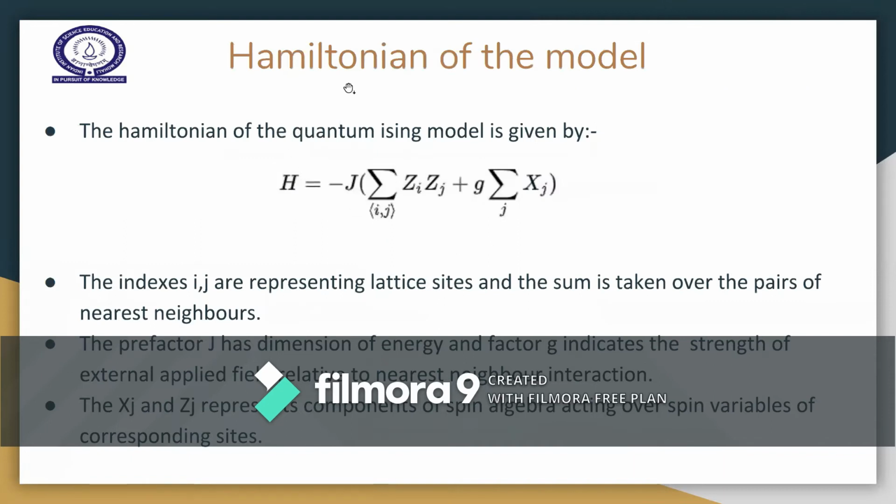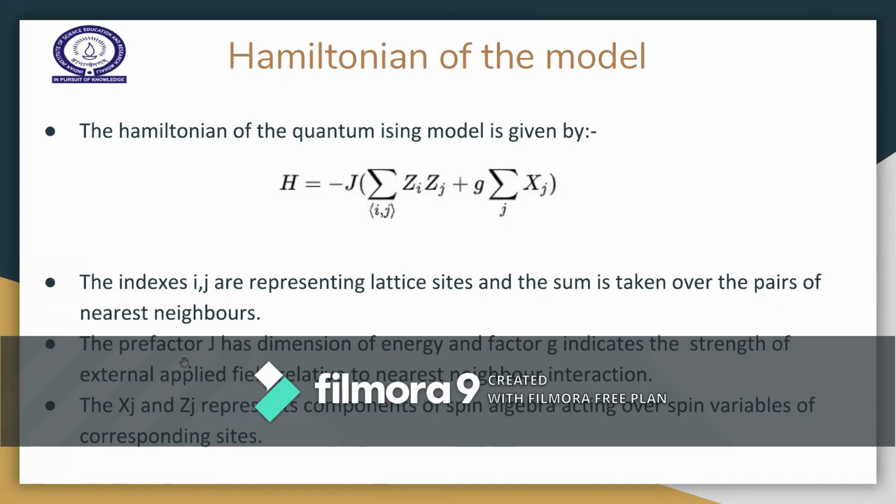Now, let's see the Hamiltonian of the model. The Hamiltonian of the quantum Ising model has a similar structure to the classical one. This is the interaction term, and this is the external applied magnetic field term. The indices i and j represent lattice sites, and the sum is taken over all the pairs of nearest neighbors.